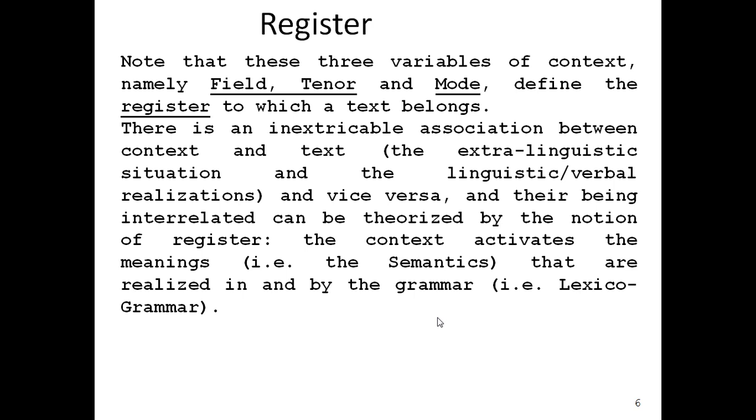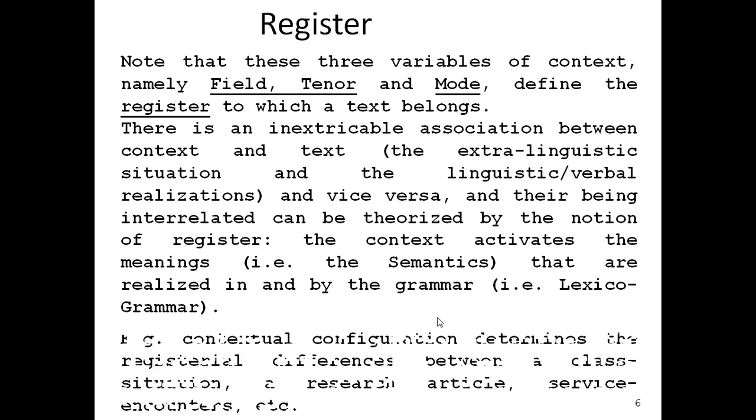All right. So what do we need the register for? The register is what allows us to place a given text within its context. What makes us, for example, see the difference between a class situation, a chat among friends, a book, a research article, all kinds of different texts that have different contexts.